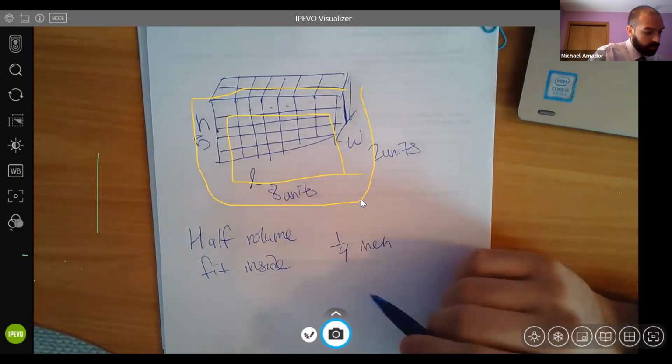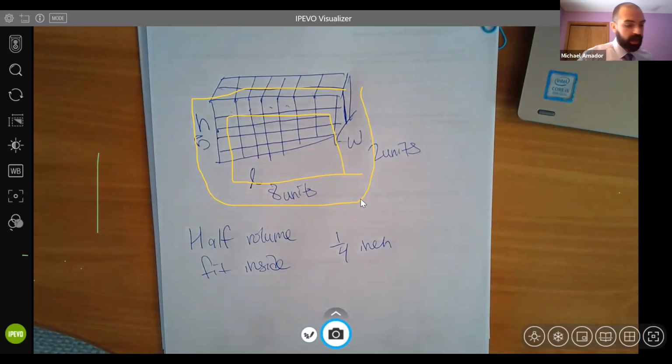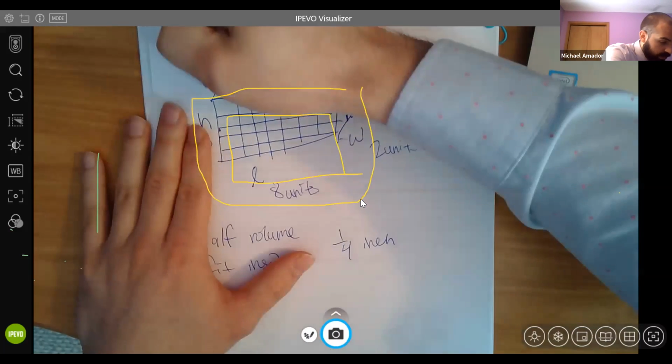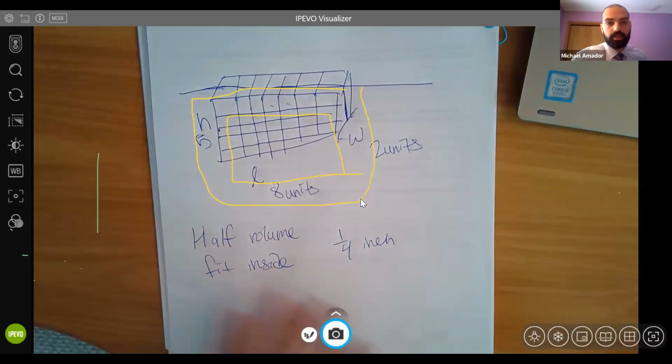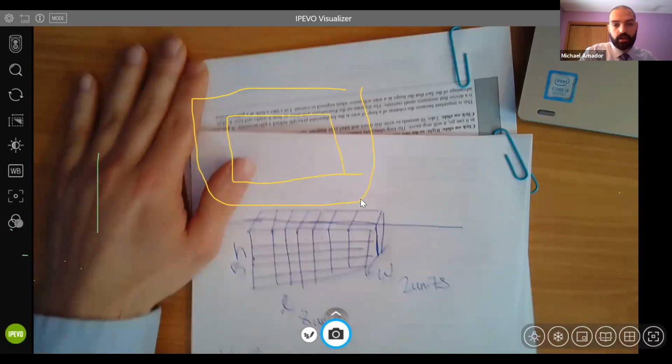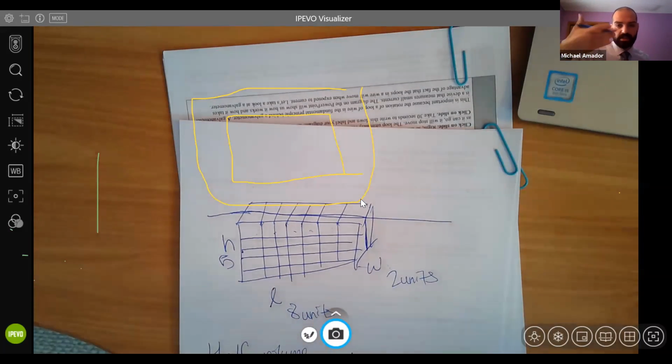So for half of the volume, I'll go ahead and cut my prism in half. I'll cut a slice right down the middle. And so now I only have that front piece.